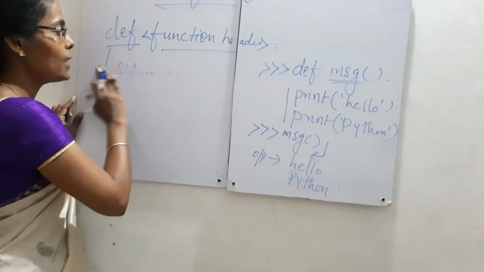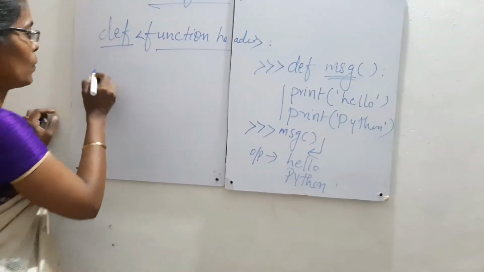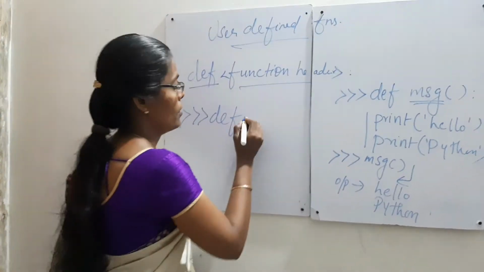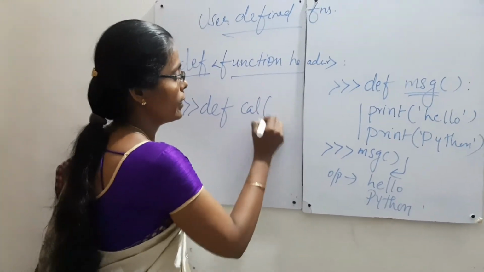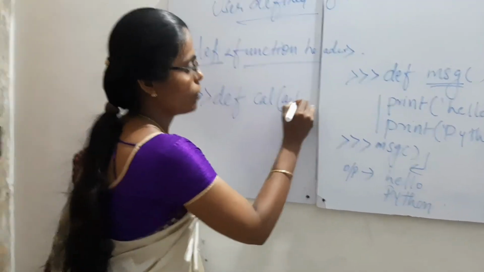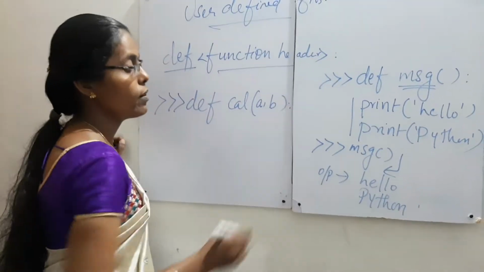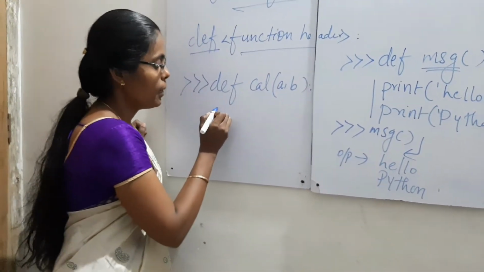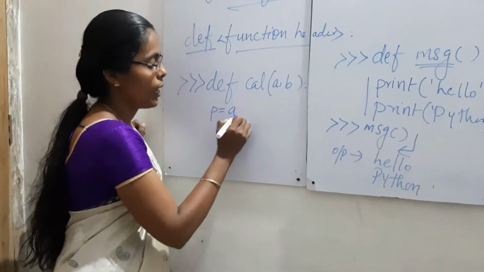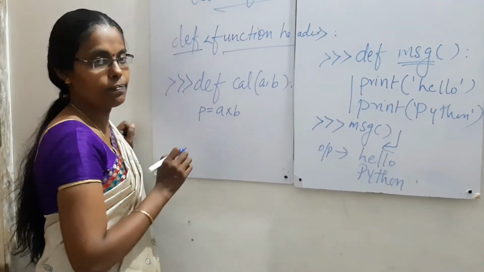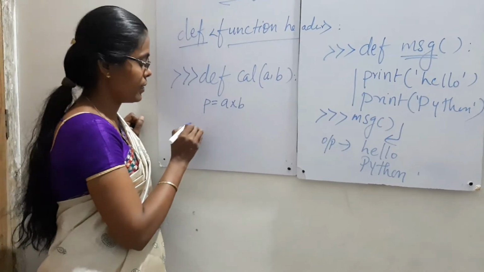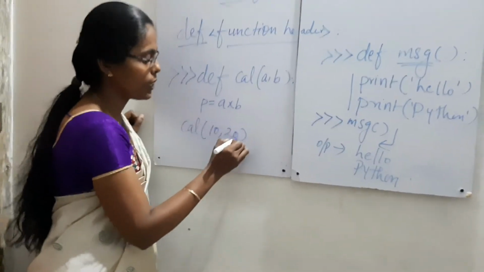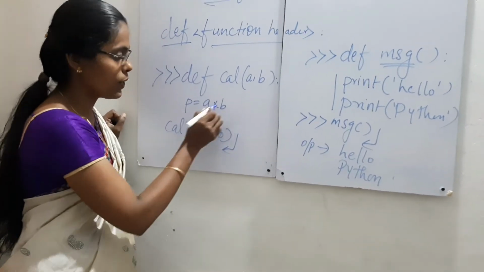So let's see how we can write that one. def calculate, a comma b, that way you can write. Two parameters are passed. So I am writing here p equal to a into b. So I can call it, give some values here, then it will return a value.